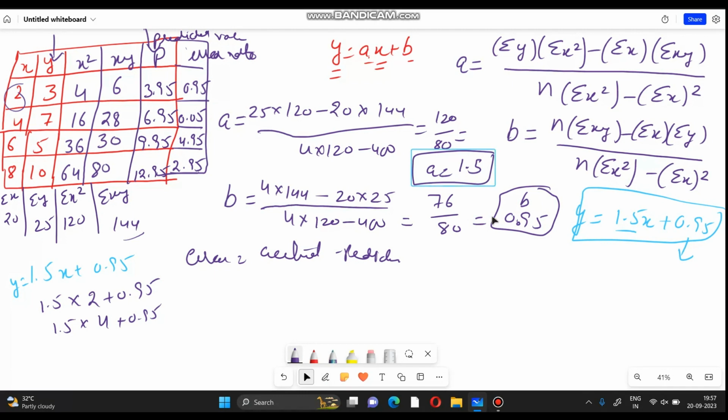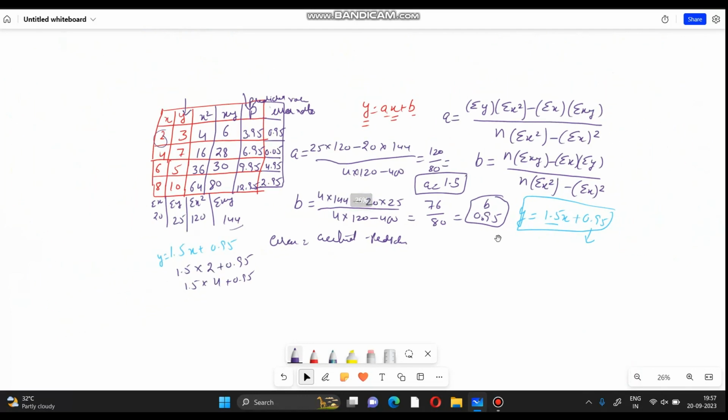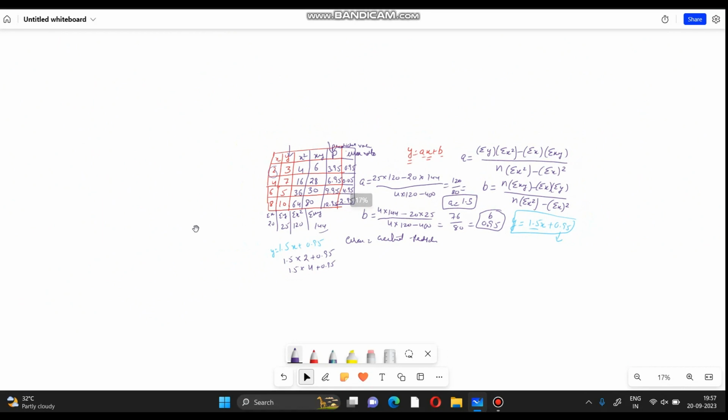Now the next thing is, when we have got this value, we will draw the graph for this on the x-axis and on the y-axis. So let's plot the graph.